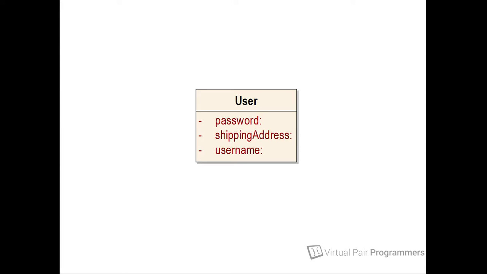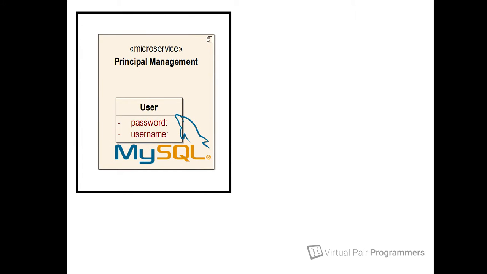Well, in a microservice architecture, you would be forced to refactor away that incohesiveness because we can't have a single user table that's going to be read by two separate microservices. So we'd break it down. A possible solution is that we would have one microservice, let's call it principal management. I don't know if you're familiar with the term principal.